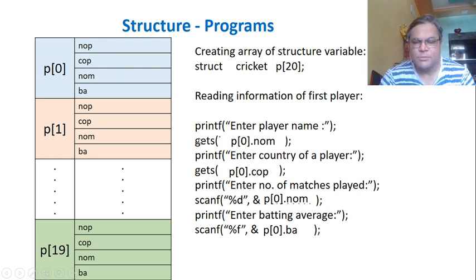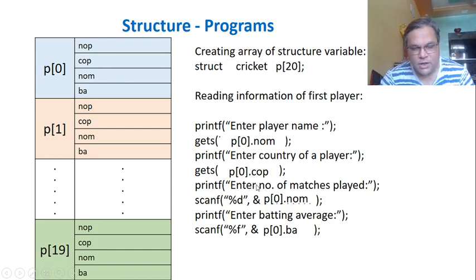So we have accepted 4 parts of the record of the first player and we have stored it into the first element of array P. What is important to note is whenever we are reading a string by using the gets function, you need not specify the address. You have to specify only the name of the field which is linked with the variable name.